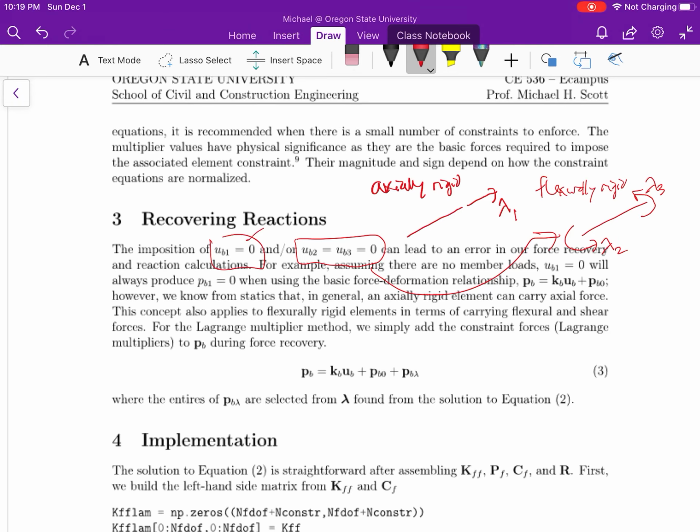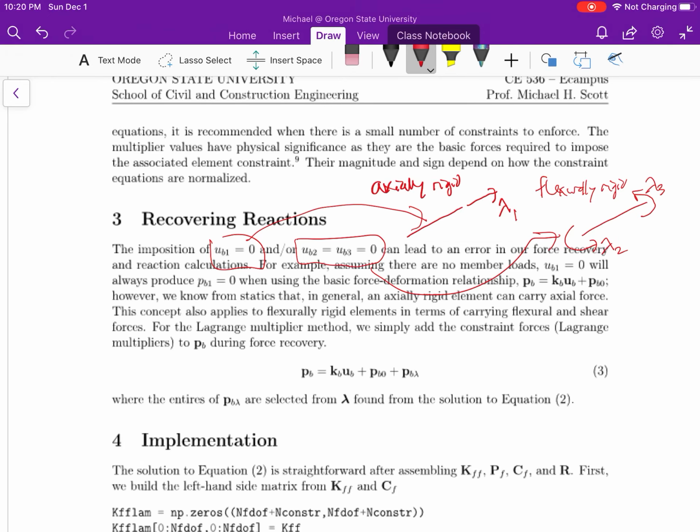And then of course for UB1 equals 0, the axially rigid case, this force lambda 1 is going to enforce the axial rigidity. So each Lagrange multiplier can be mapped to the axially rigid or flexurally rigid element that it represents.